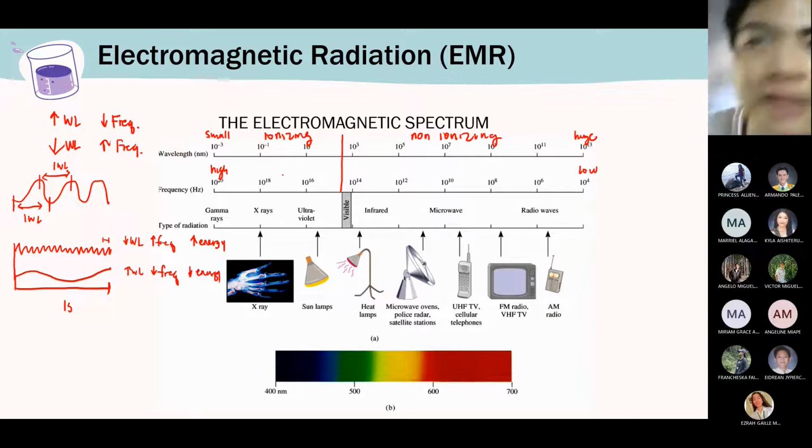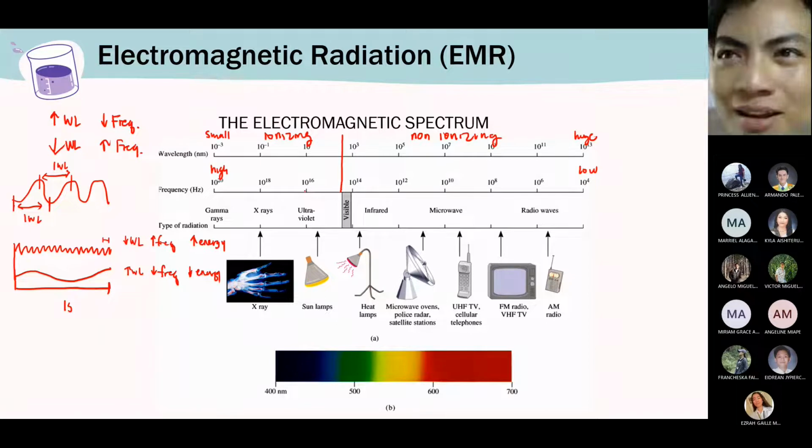So yung sun natin, it emits three different types of UV rays, UVA, B, C, no? Nakalimutan ko yung difference between them. But the key idea lang is that the longer time you are exposed on the sun, yan, mas malaki chances mo to develop skin cancer, no? Okay?